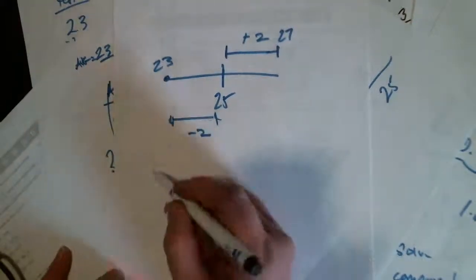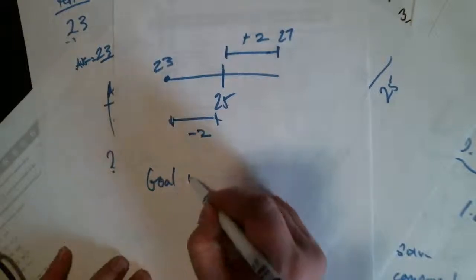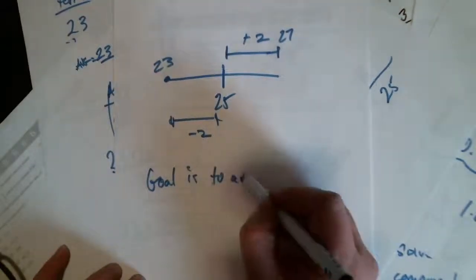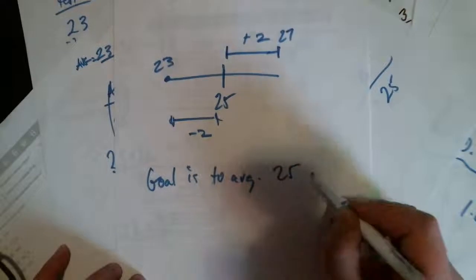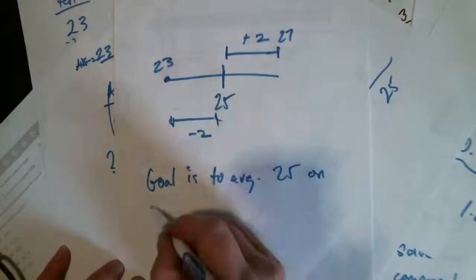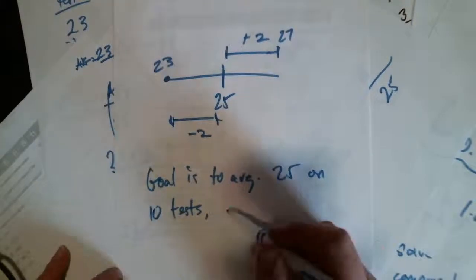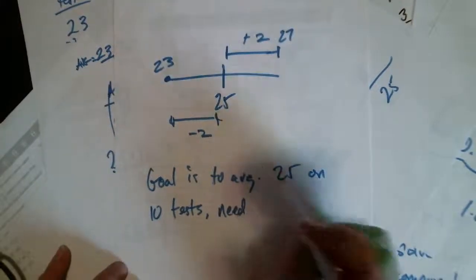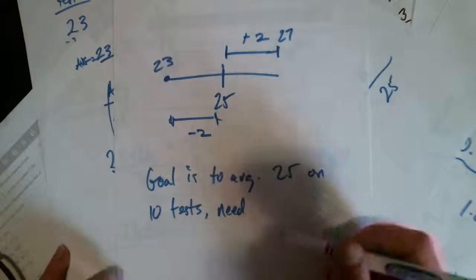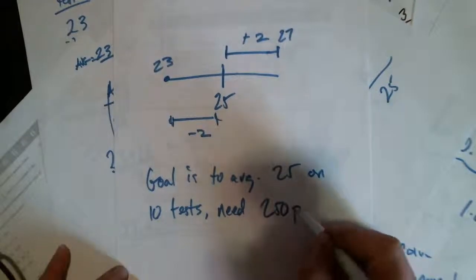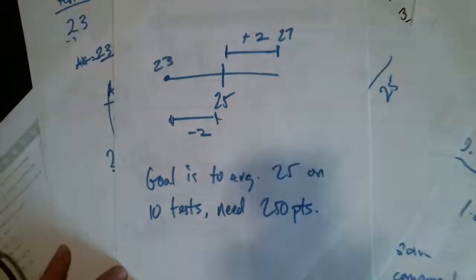In other words, if your goal is to average 25 on 10 tests, what you really need to do is get 250 points, one way or another.